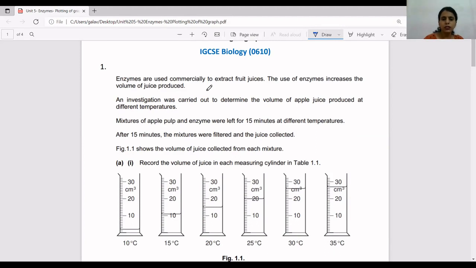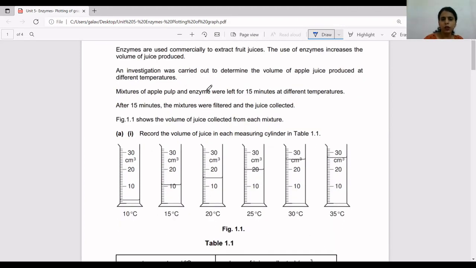Now an investigation was carried out to determine the volume of apple juice produced at different temperatures. So they were actually trying to extract juice from apple, and the investigation was carried out to understand the effect of temperature on the extraction of apple juice.